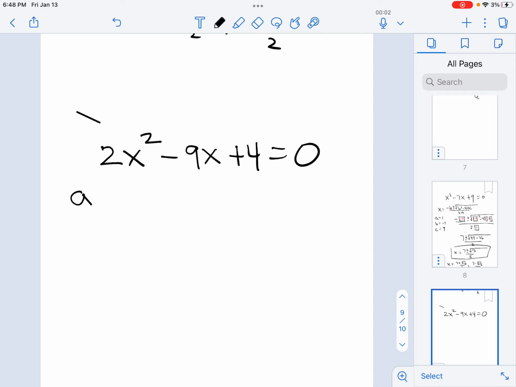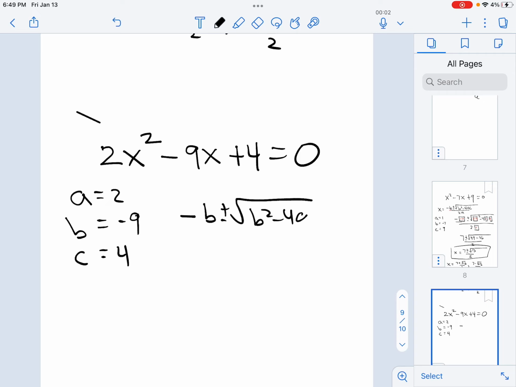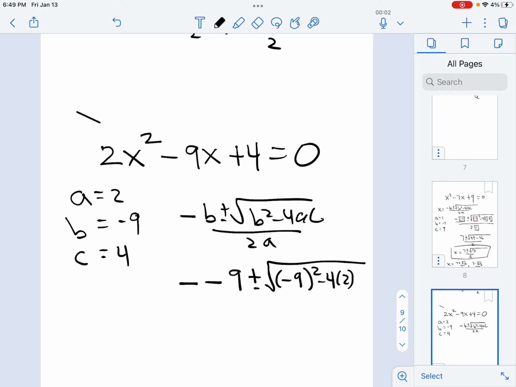All right, so a equals 2, b equals negative 9, c equals 4. The quadratic equation is negative b plus or minus the square root of b squared minus 4ac all over 2a. So right here we're going to do negative 9 plus or minus the square root of negative 9 squared minus 4ac all over 2a.